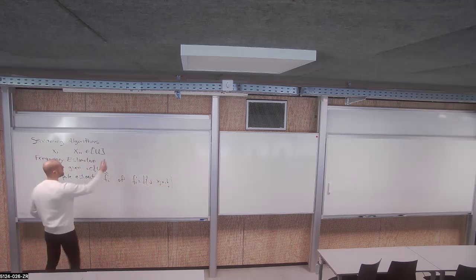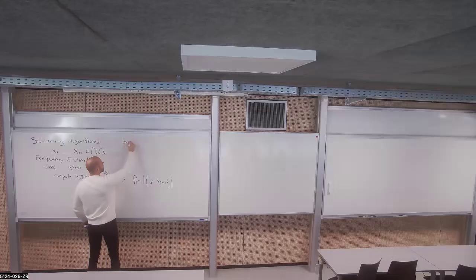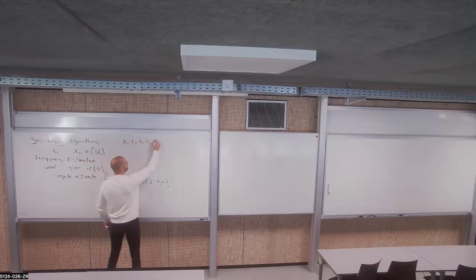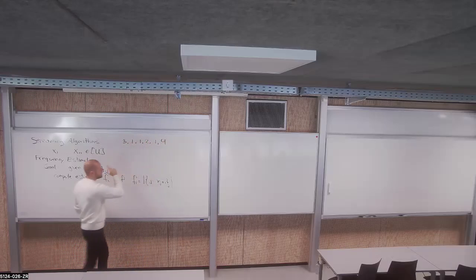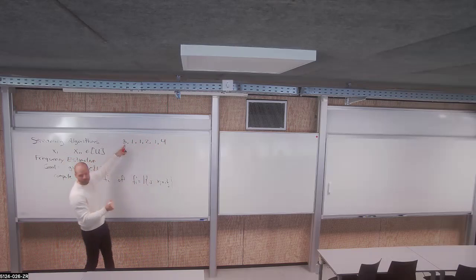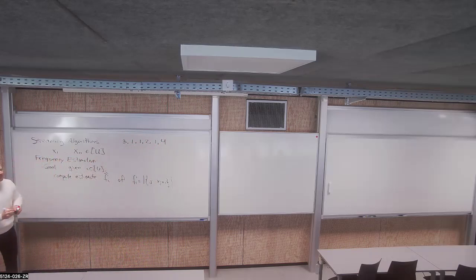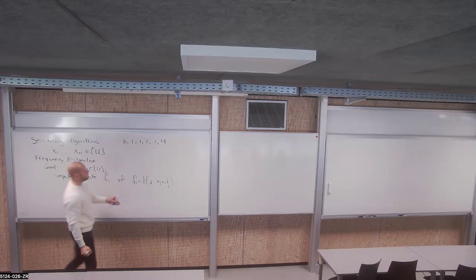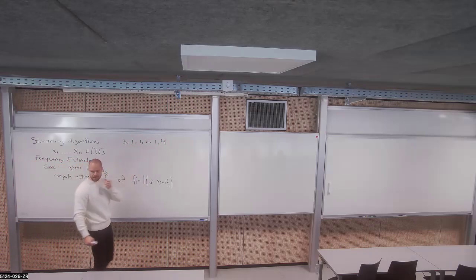So if I had a stream, say 3, 1, 1, 2, 1, 4, then after processing this stream, the frequency of 3 is 1. The frequency of 1 is 3, and the frequency of 4 is also 1. So it's just the number of occurrences of a given item in the data.